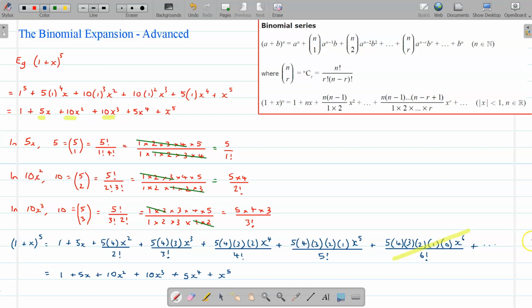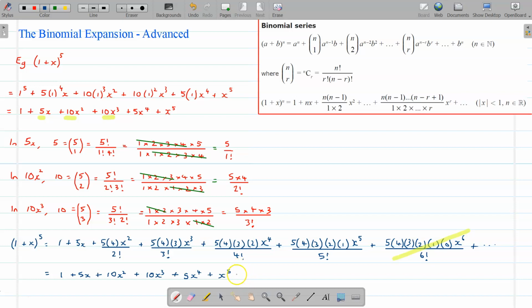This series would be infinite. And that can be incredibly useful if x is very small, because as you raise it to larger and larger powers, it gets even smaller. So you get converging series that give you approximations to certain values.